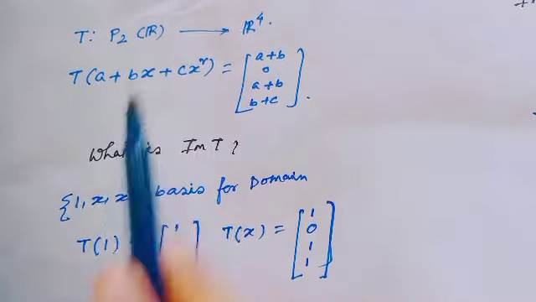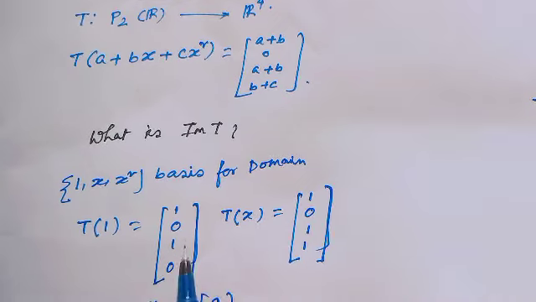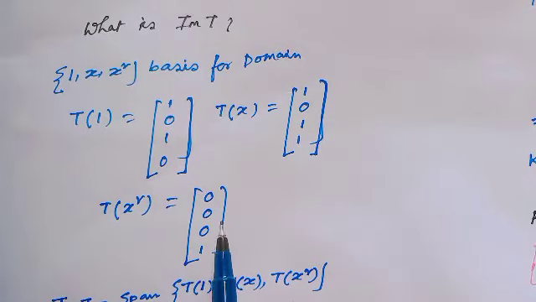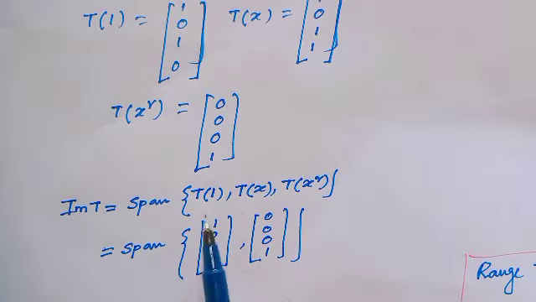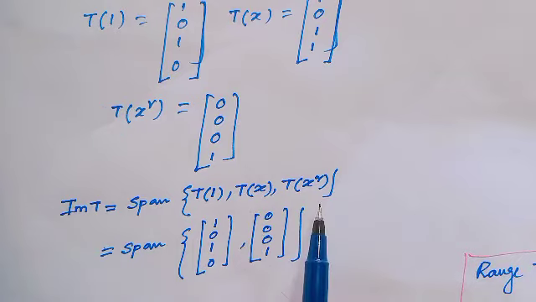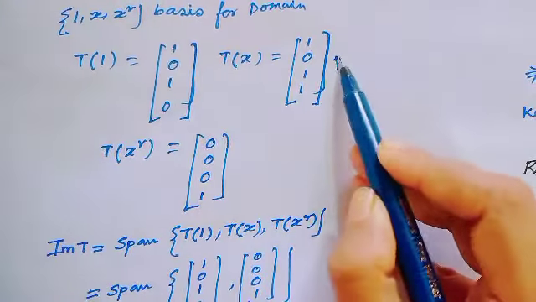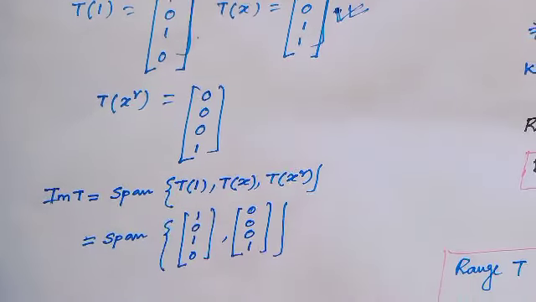Notice in P2(R), 1, x, x² is the basis for the domain. Then T(1) would be (1,0,1,0), T(x) would be (1,0,1,1) and T(x²) would be (0,0,0,1). Then the image of T would be the span of T(1), T(x) and T(x²). And notice this vector is a linear combination of these two vectors.